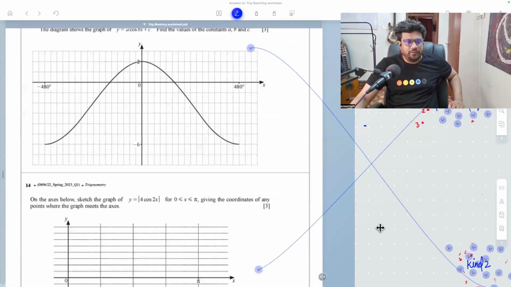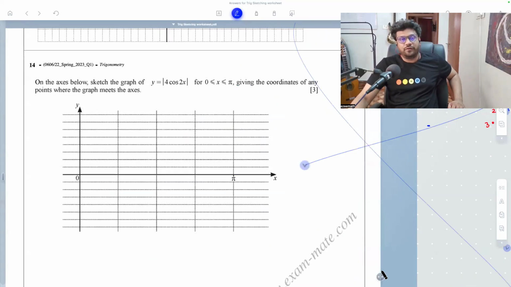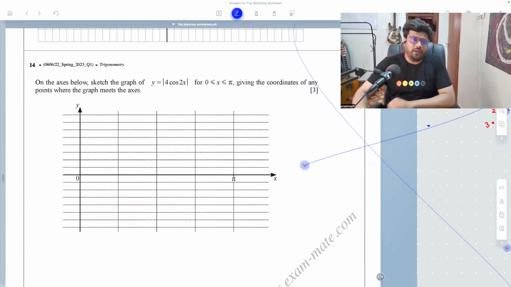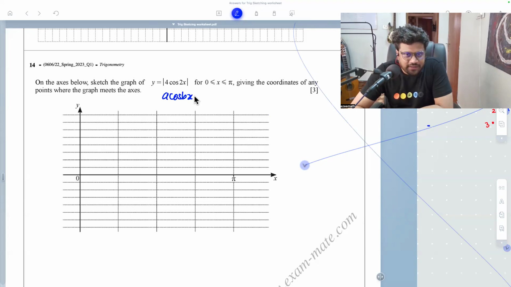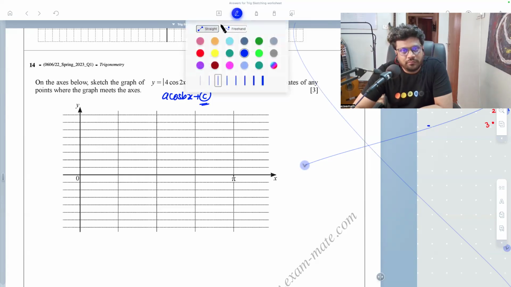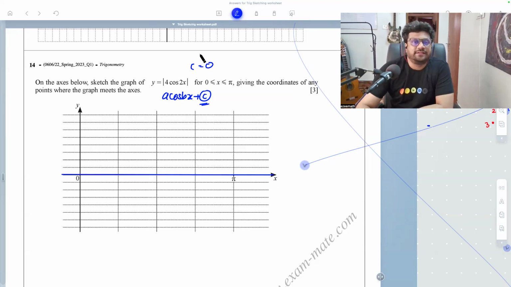Okay. Between 0 and pi, mod of cos of 2x. Okay, I will do it. Again, if I compare it with a cos of bx plus c, I don't see any c value there, which means c is 0. So I go there. That's the principal axis.